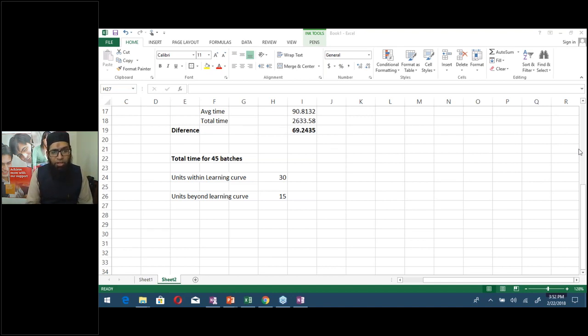And cumulative average time means that the average time can only be applied on 15 batches, neither on 14 nor even on 16. That means to calculate the total time for 30 batches, we should have an average time of 30 units, 30 batch. Okay? So both of these units will be the same.